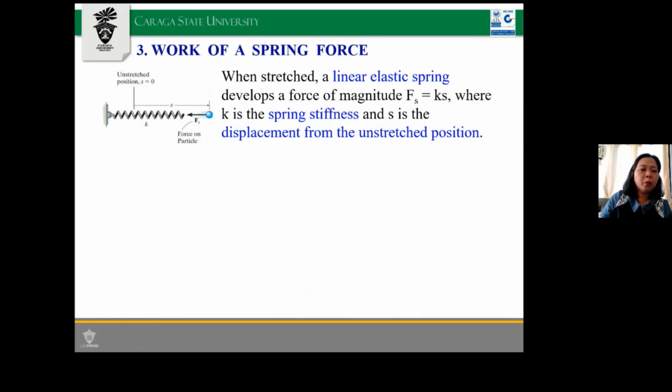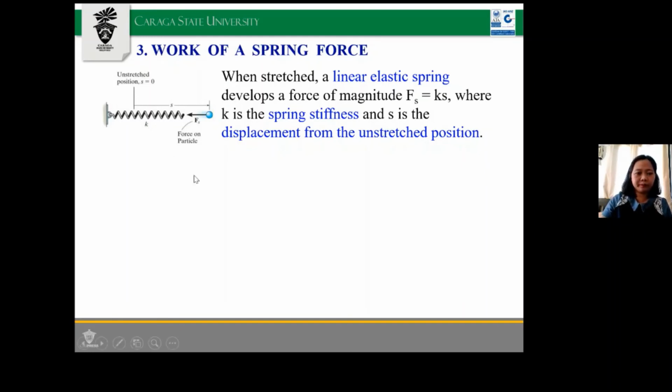Third, the work of a spring force. I want you to imagine a spring in an unstretched position. When you stretch it, the linear elastic spring develops a force of magnitude Fs, and that Fs is equal to Ks, where K is your spring stiffness and S is the displacement from the unstretched position.